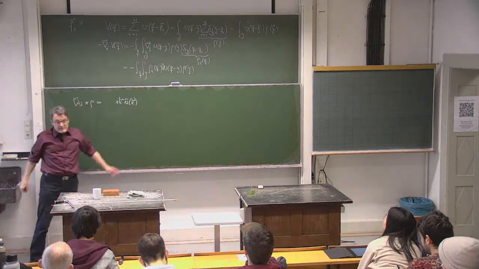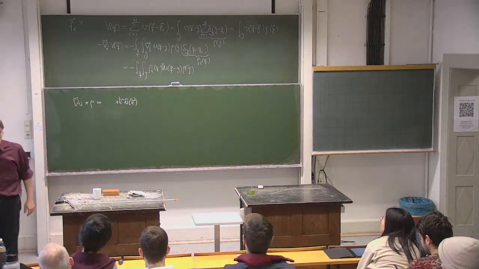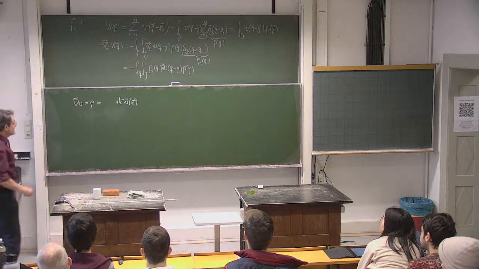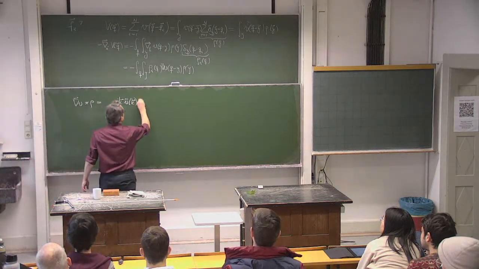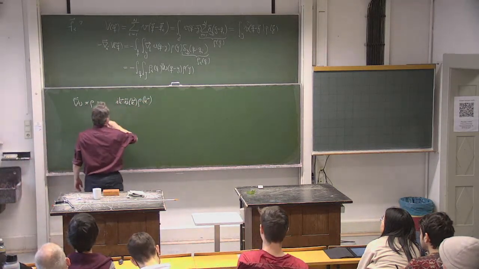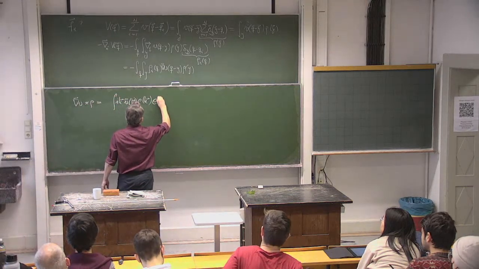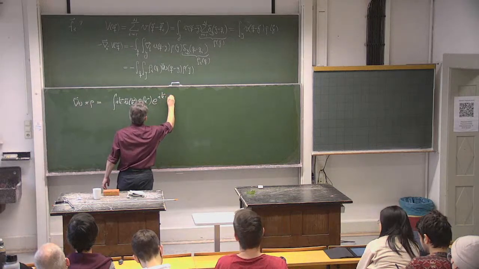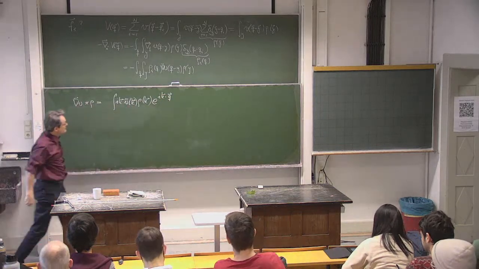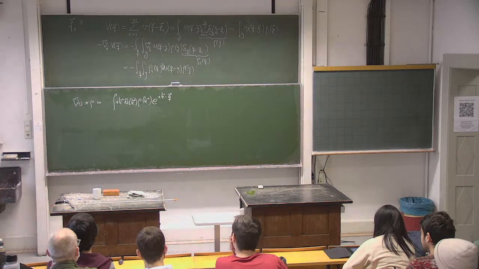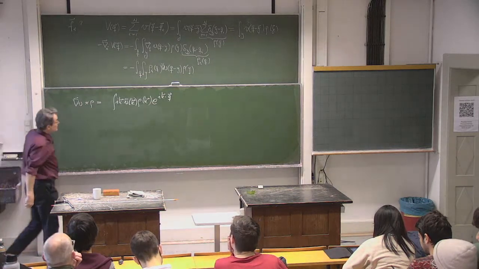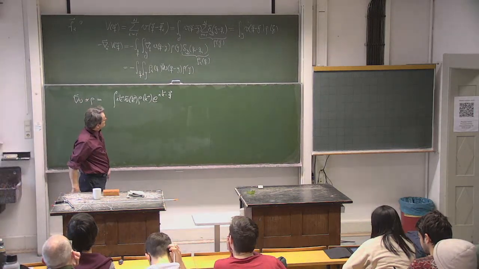Right? i times k just represents the gradient in Fourier space. And now you have rho of k. And of course, you need to transform this back. So this is this expression here. Okay.